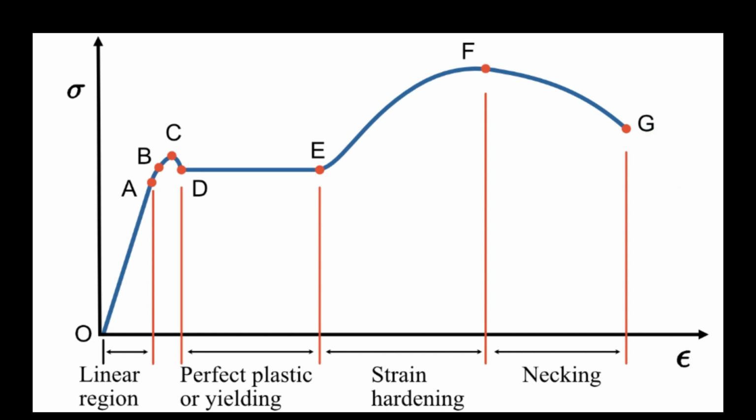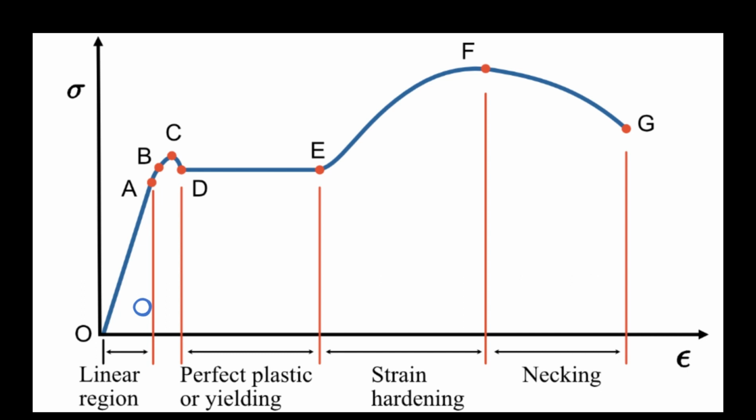Let us take each region of the stress-strain curve and know some key points. To be clear, let's divide the stress-strain diagram into 5 regions. Consider the OA region. It is the elastic region. In the elastic region, the material behaves elastically, which means it exhibits linear deformation.